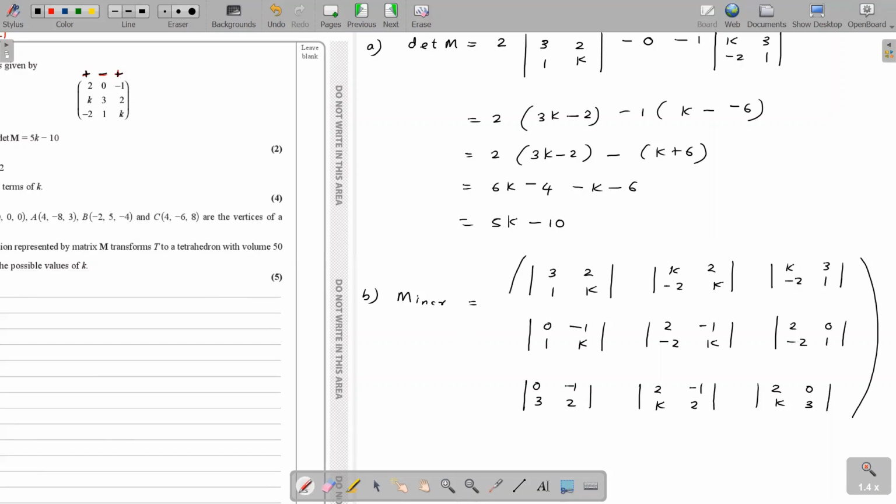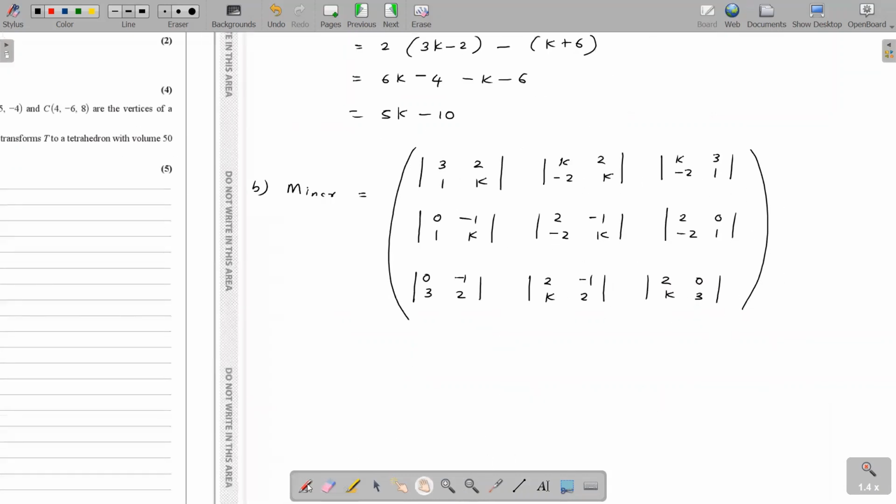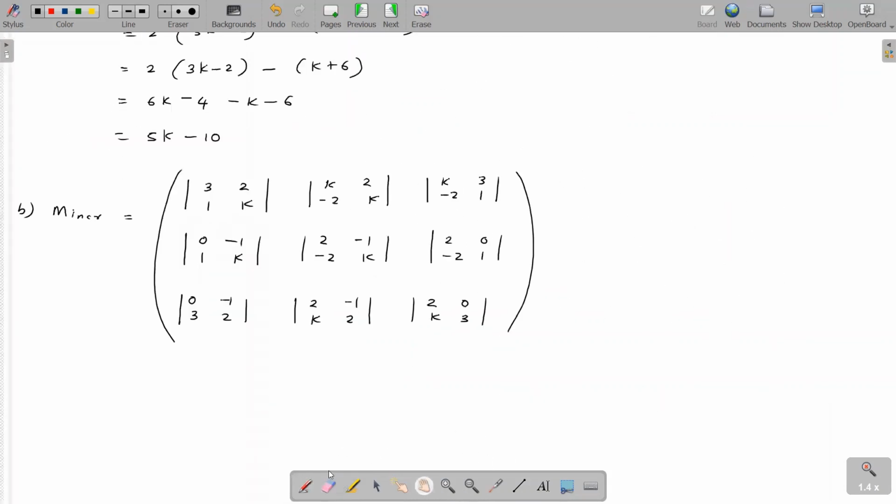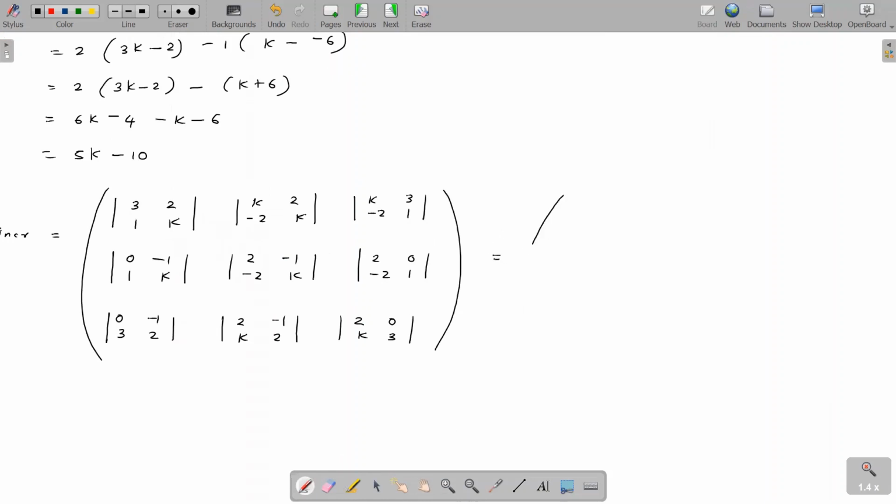Shall we simplify? So how does it simplify? You get here 3k minus 2, right? The first element. The next element, k into k square minus 2 into minus 3 is minus 4. Minus 3 is plus 4. Is that okay? The next one, k into 1 is k, minus 2 into 3 minus 6.